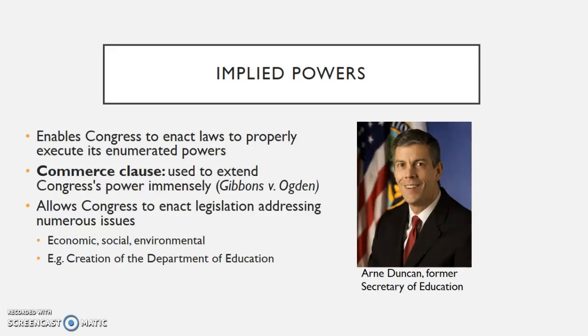Now, as I also mentioned before, a major source of power is the Commerce Clause, and this extends Congress's power immensely. This has been used in so many respects, from creating the economic, social, environmental laws, for example, the Endangered Species Act, also the creation of the Department of Education. So certainly Congress has a lot of power when it comes to implied powers that are not directly stated in the U.S. Constitution.